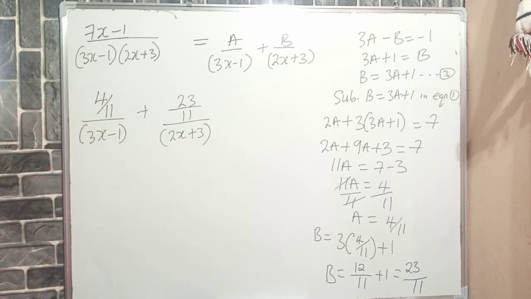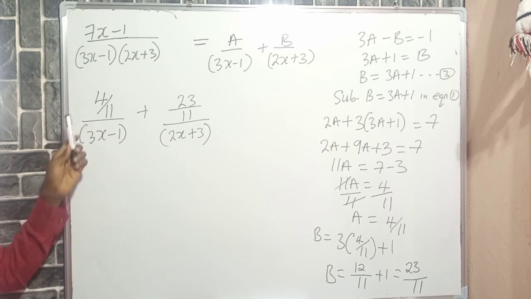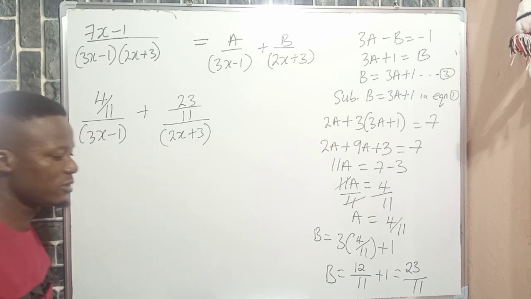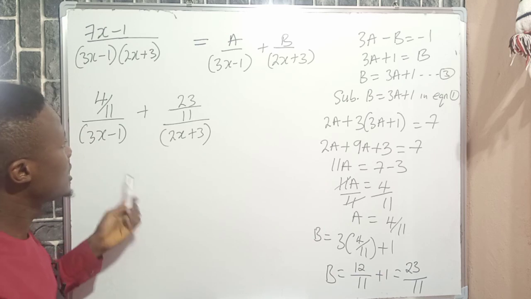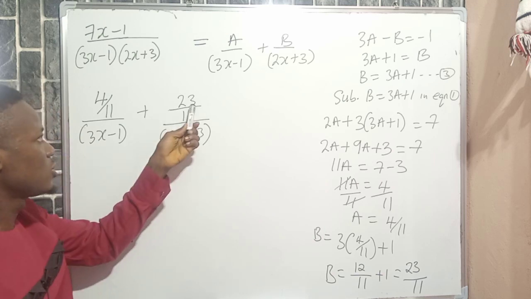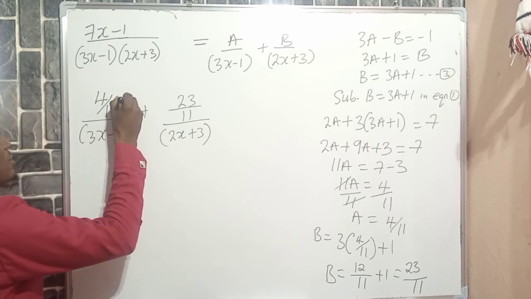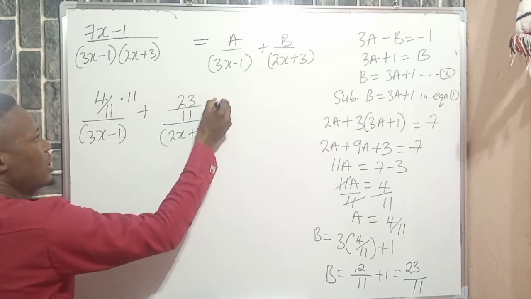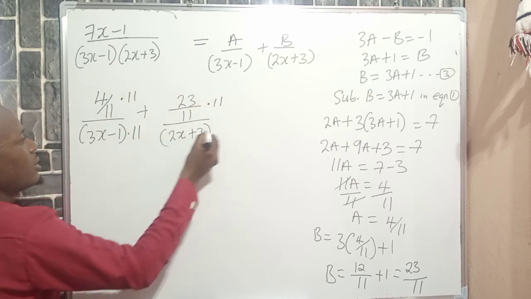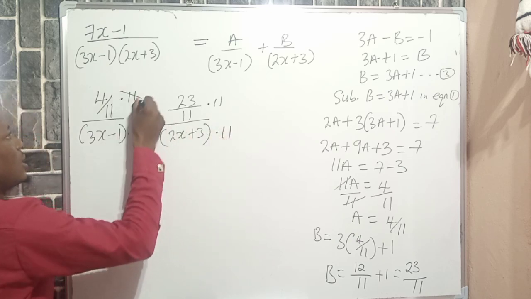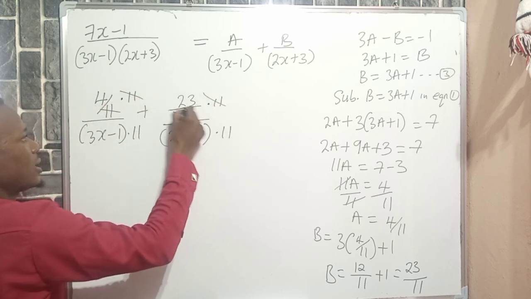One thing about fractions is that anything you do to the numerator, do it to the denominator, and the fraction remains valid. So to ensure that this fraction does not have a smaller fraction as the numerator, I can multiply everything by 11 so that the 11 will cancel out. This 11 will cancel this 11, this 11 will cancel this 11.